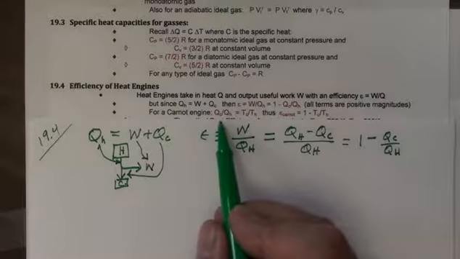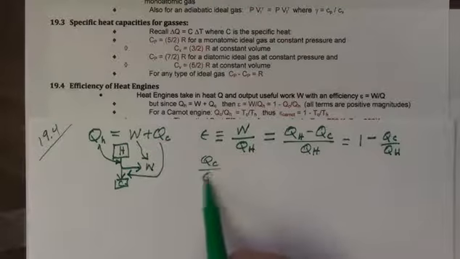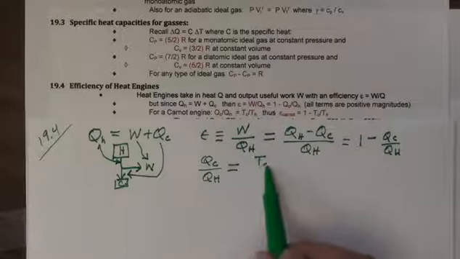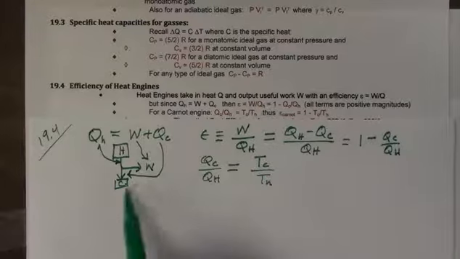And Carnot was able to show that this term, Q cold over Q hot, for a Carnot cycle was T cold over T hot. Now this is very important because this says the ultimate efficiency for an engine is to use a very cold source.